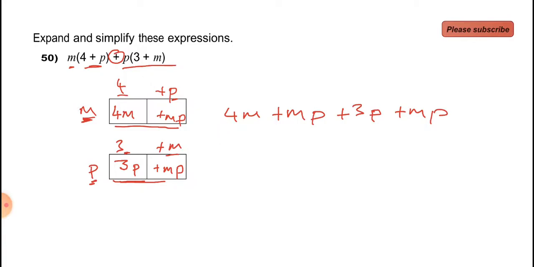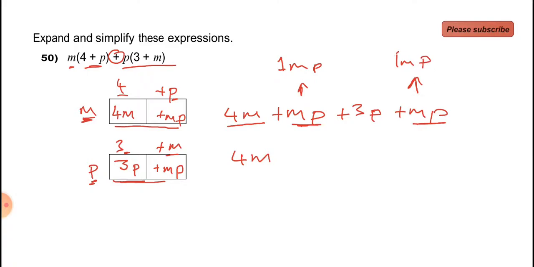Now we're going to try and collect the like terms. I can only see 4m, there's no other term with just m, so there's no 3m or 2m, so there's nothing to collect there, so we can just write down 4m. Then with the mp, I can see here and here I've got 1 mp, so this could have been written as 1 mp, and this could also have been written as 1 mp.